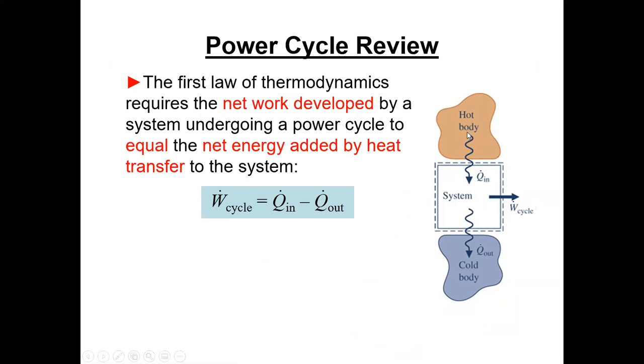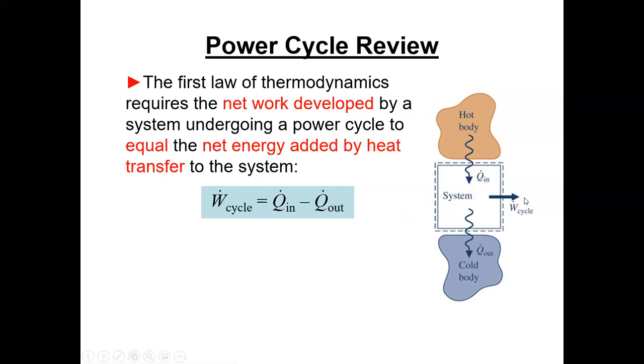So the hot body, this could be the combustion furnaces, the combustion gases inside the furnace, inside the boiler, which generates the really hot object, and then we transfer heat from that into the system, and everything else is in the box.